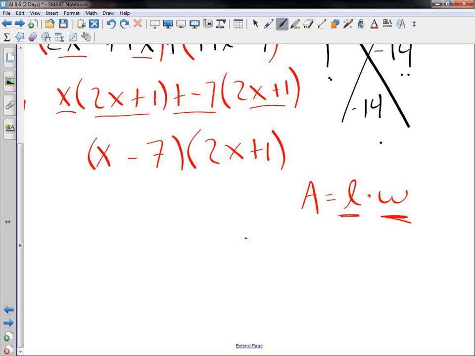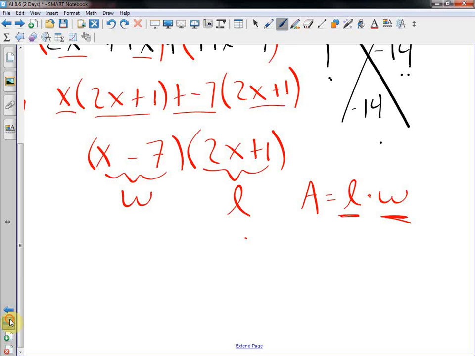Traditionally, we call length the longer side. Which one of these sets of operations will get me a larger number? Will subtracting 7 get me a larger number, or will multiplying by 2 and then adding 1 give me a larger number? What this tells me is that this side is my length, and this side is my width.